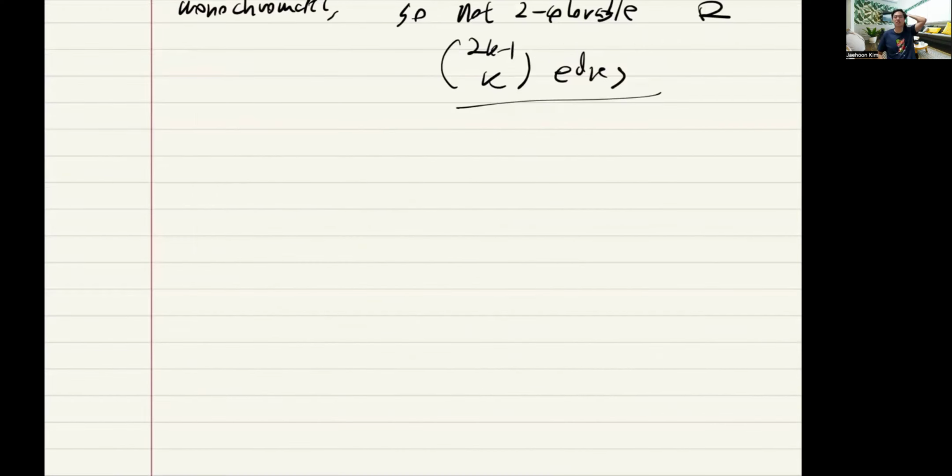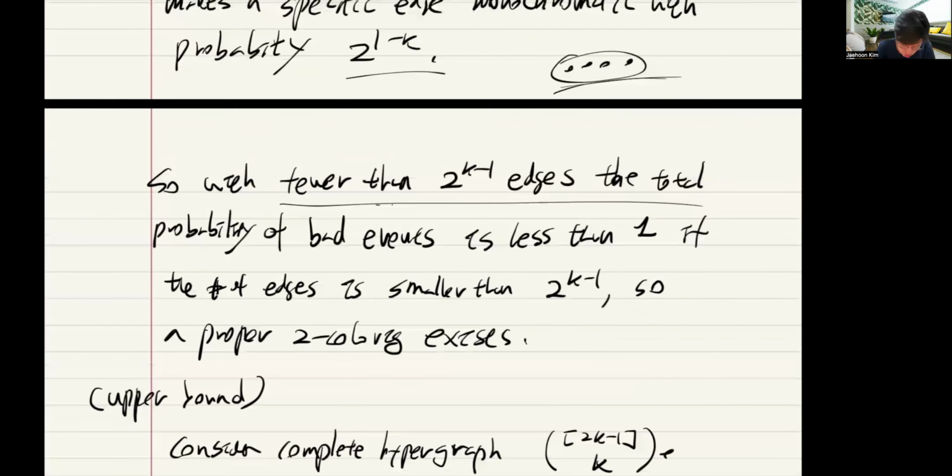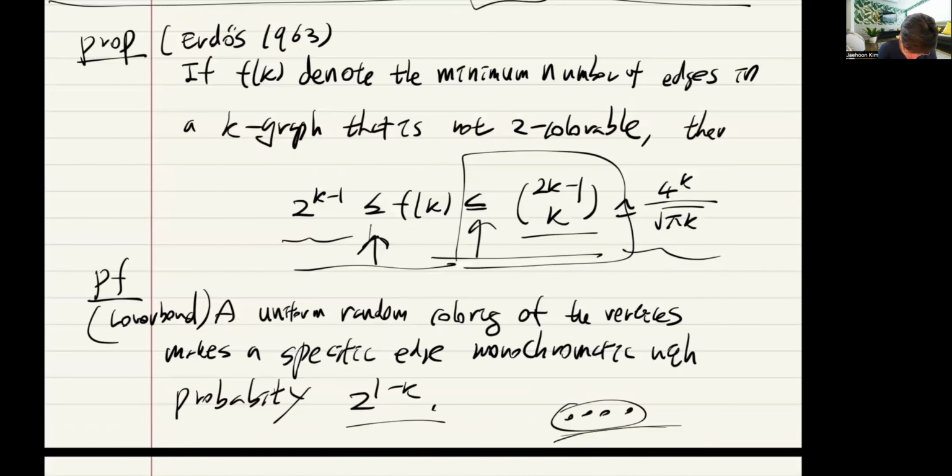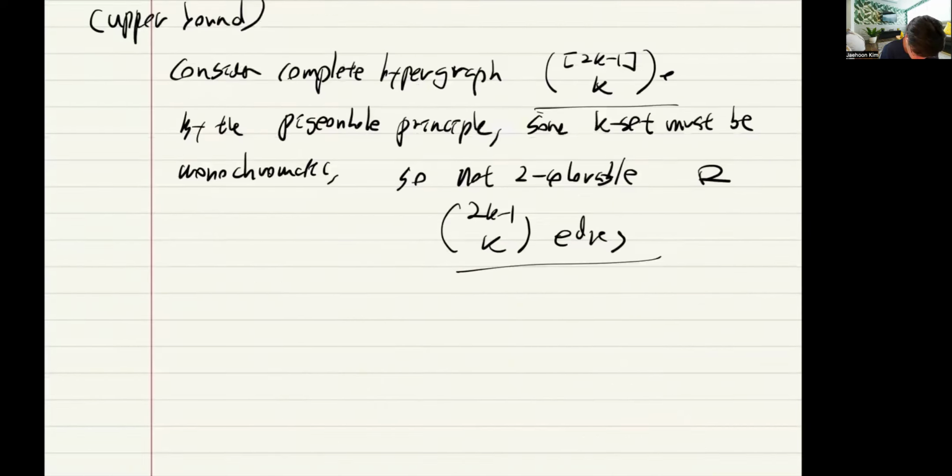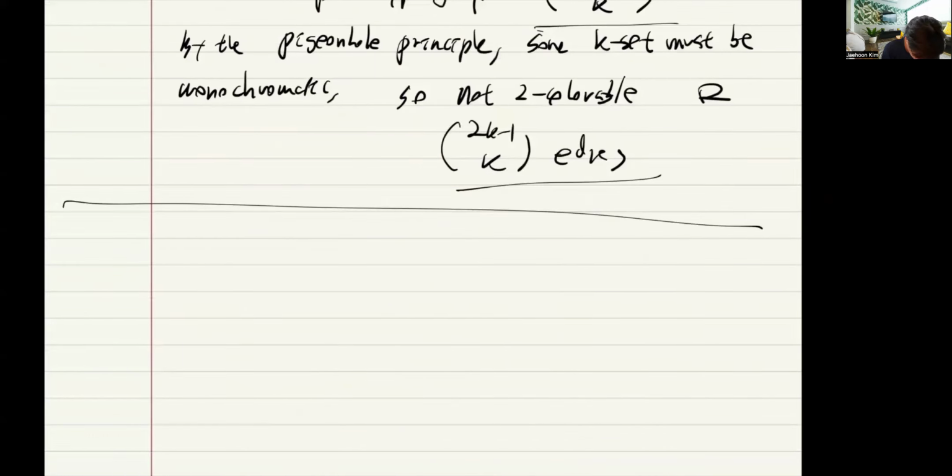Okay, but unlike the diagonal Ramsey case, where you have this large gap, for this problem we can actually improve this upper bound. So instead of finding one example, you can again utilize the probabilistic method to improve this.